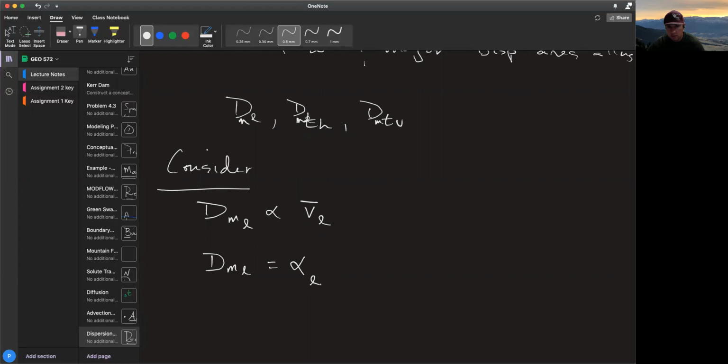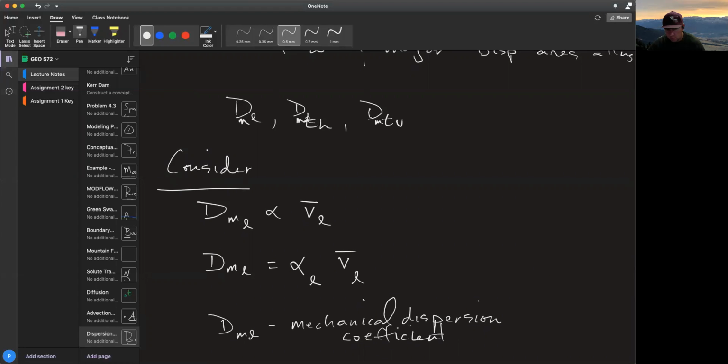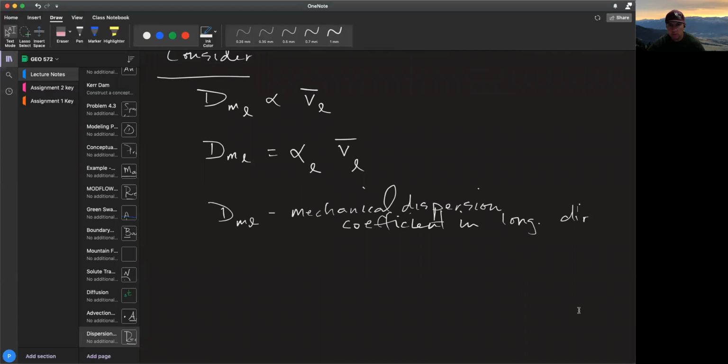So alpha longitudinal times V bar L. And remember, DML is my mechanical dispersion coefficient in the longitudinal direction, along the direction of main flow.